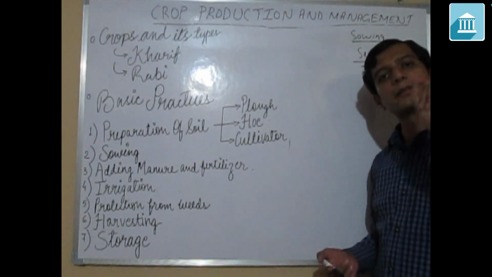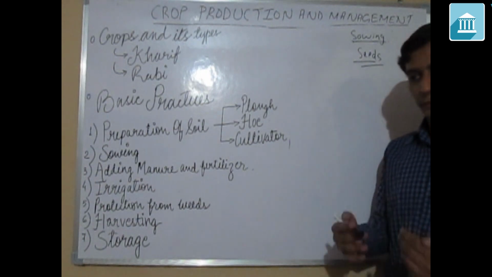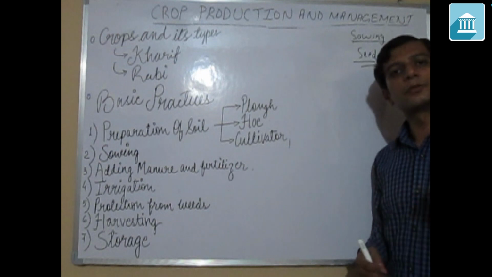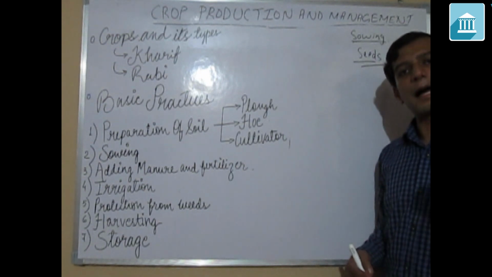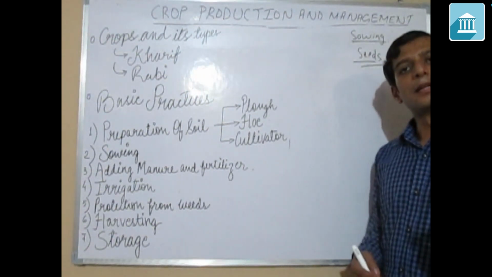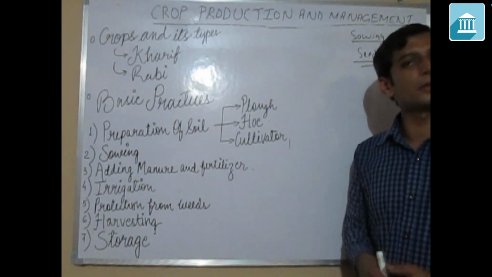When they pour the seed, it goes below, and of course the ox is moving continuously, so the seeds get spread by the movement of the ox.